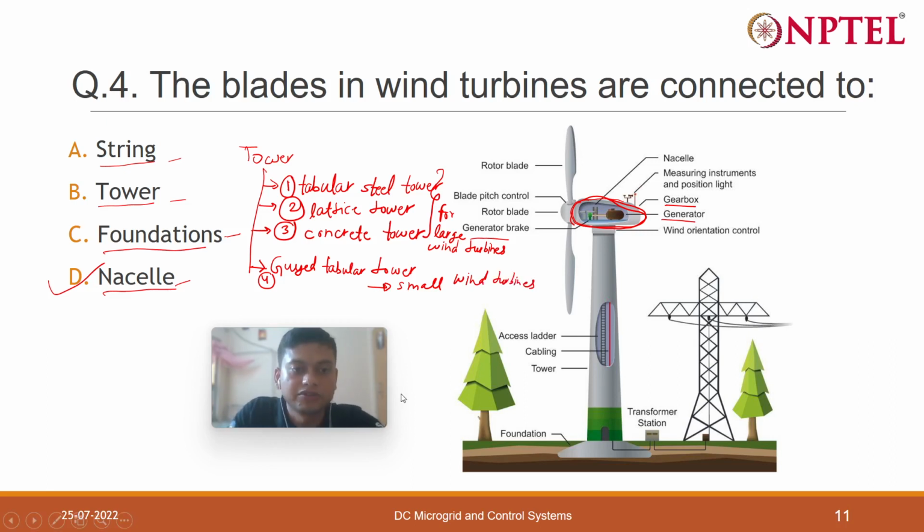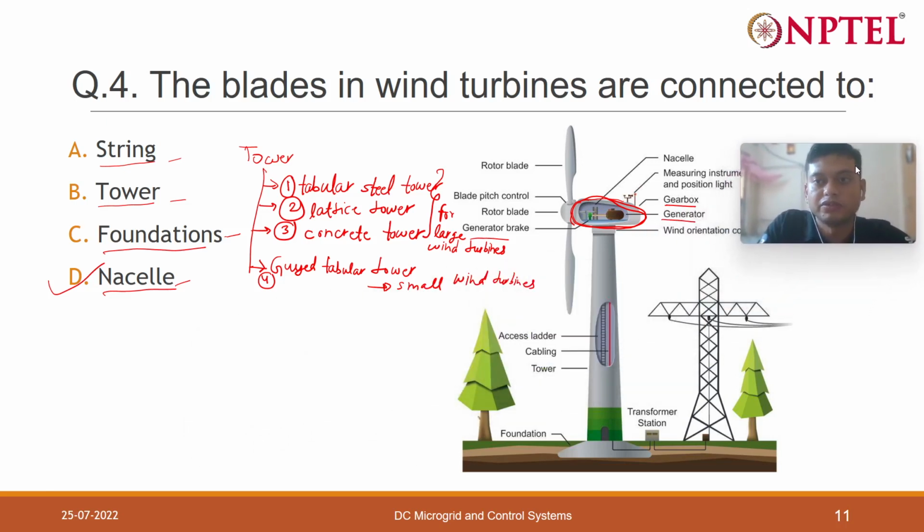These things we should know about the towers, as they will be most often used. So the tower is what supports the nacelle and the rotor blade. And if we see the foundation, it is also of two types.